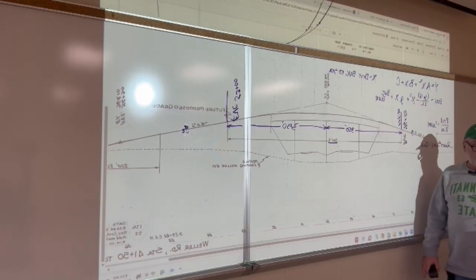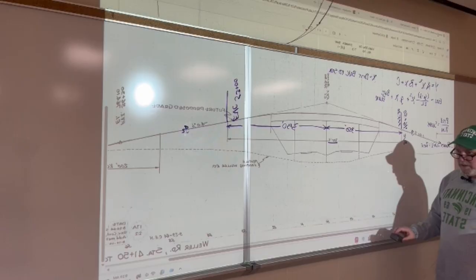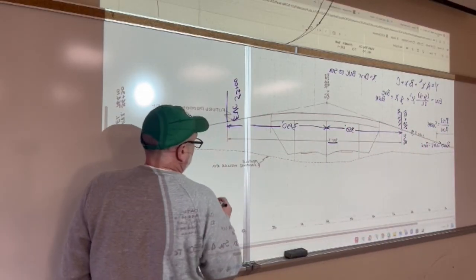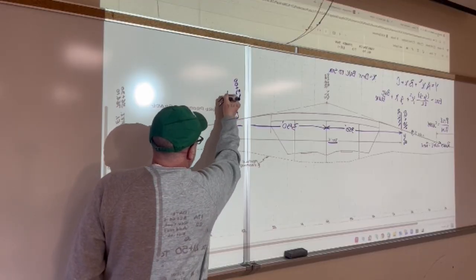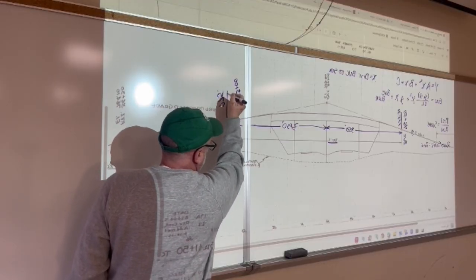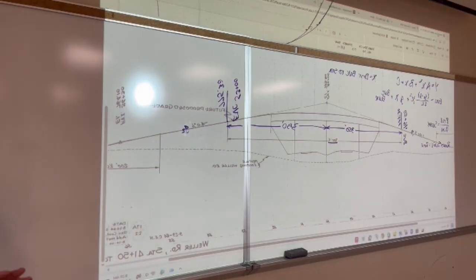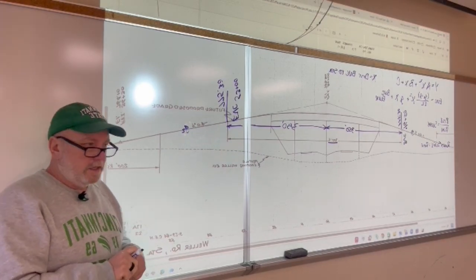We get a difference in elevation of 14 feet and subtract that from the PVI elevation, and we get the same elevation. This is pretty simple, pretty basic. We've done a lot of these calculations.